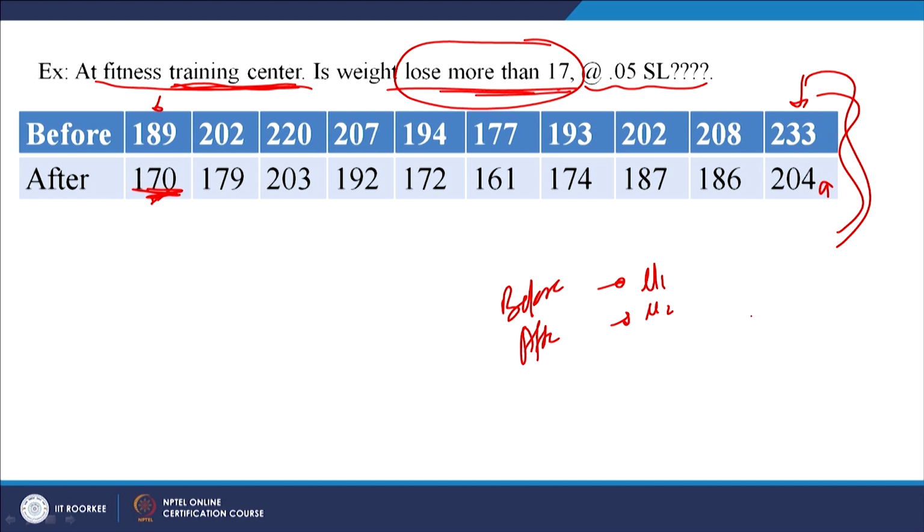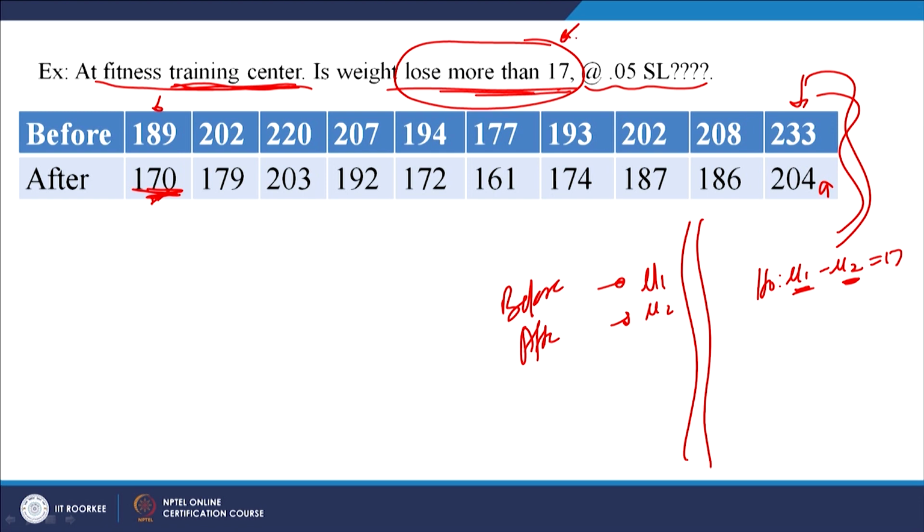You can have the null hypothesis and alternative hypothesis in two ways. The first is the null hypothesis: mu1 minus mu2. We are saying mu1 is the higher weight, mu2 is the reduced weight, so this is equal to 17 kg or 17 pounds, for example. So, mu1 minus mu2 equals 17 pounds, and what is the claim?